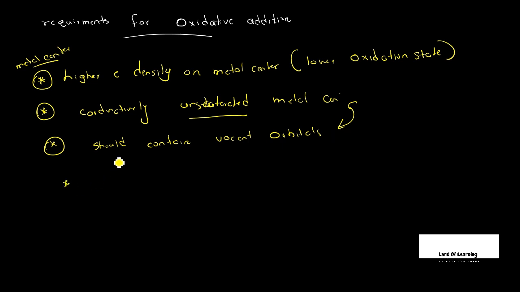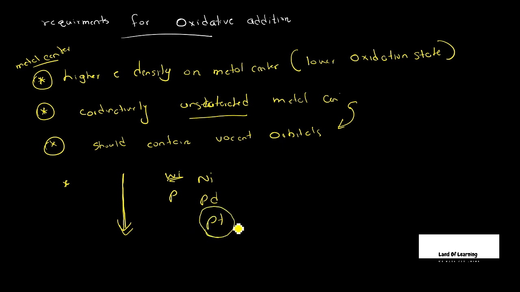And then the oxidative addition ability increases along your periodic table, going downwards. If I take an example, let's take nickel, palladium, platinum. The oxidative addition ability increases downwards. Why is that? Because of the electron density.